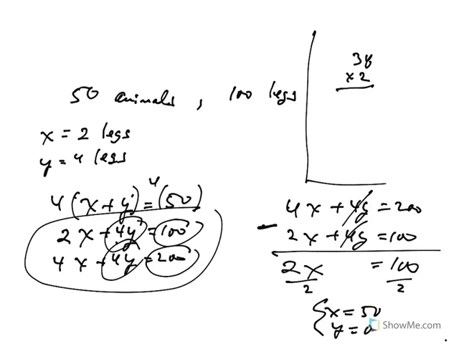38 times 2 is 76. Ah, yes. 12 times 4 is actually not, contrary to popular belief, 24, but is 48. So I should have said 124 legs.